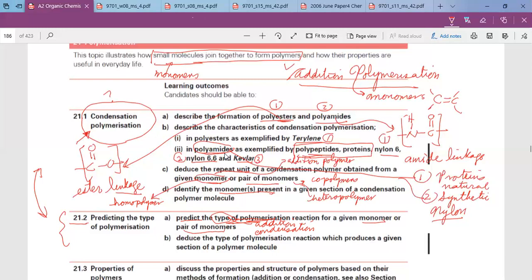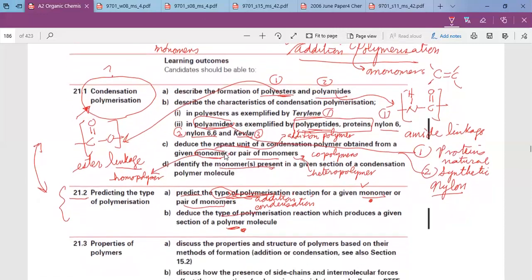Deduce the type of polymerization reaction which produces the given section. Same thing, type of polymerization. So they either start with monomers or they start with the polymer. The difference is here they give you the monomer, here they give you the polymer. The properties they will also ask you together.